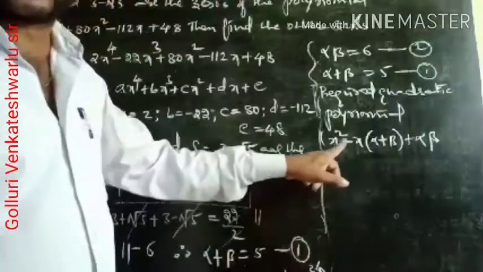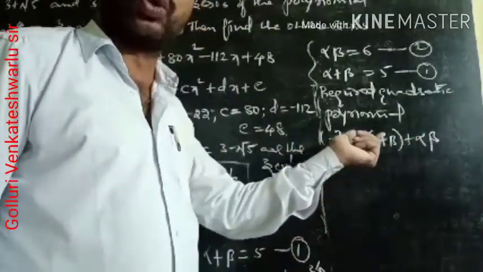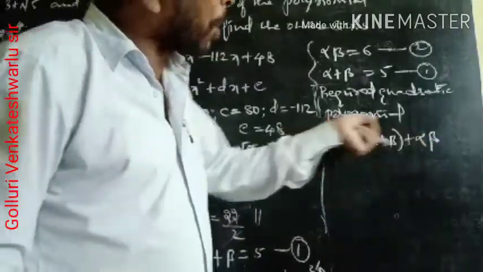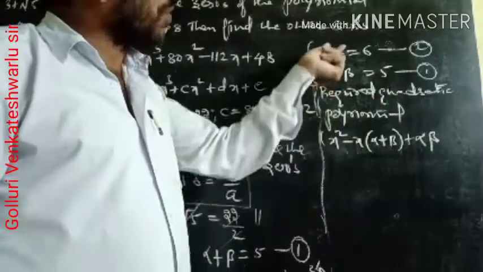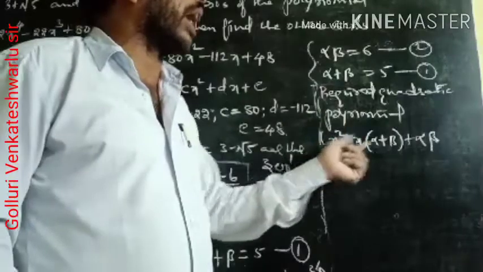This is the quadratic polynomial whenever the sum of zeros and product of zeros is given. So this is the required polynomial.